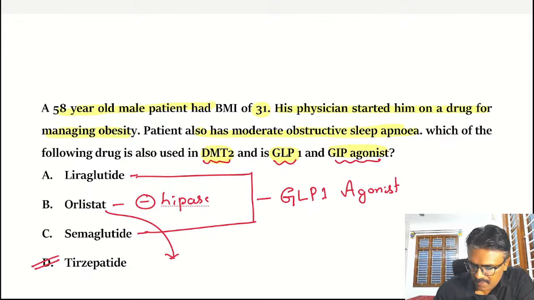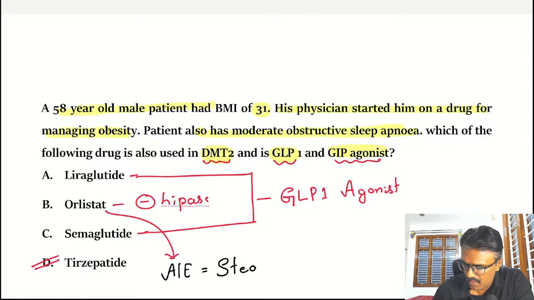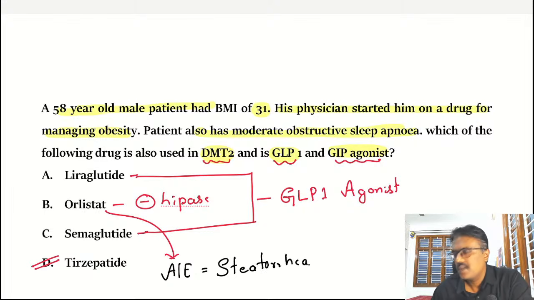The adverse effect of orlistat will be loss of fat in the stool, which we call steatorrhea. Not diarrhea, it is steatorrhea, passing fat in the stool. Please understand, all these four drugs are used to manage obesity, and obesity is a trending topic. They will ask you this.